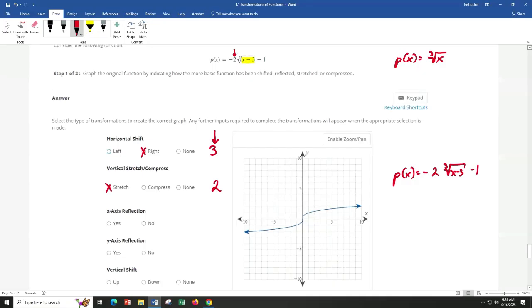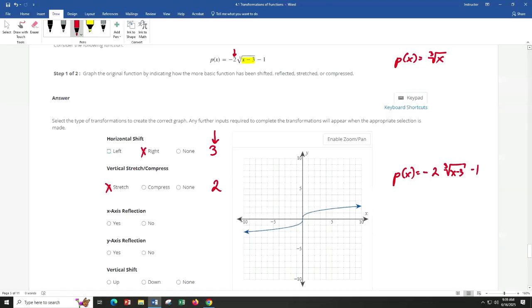Very good. X-axis, because guess what? That negative is not where? Inside the function. It's outside the function. Since it's sitting on the outside, x-axis reflection. If it was on the inside, y-axis reflection. If you had both, what's happening? You get both reflections. But this one only has a negative sitting on the outside.